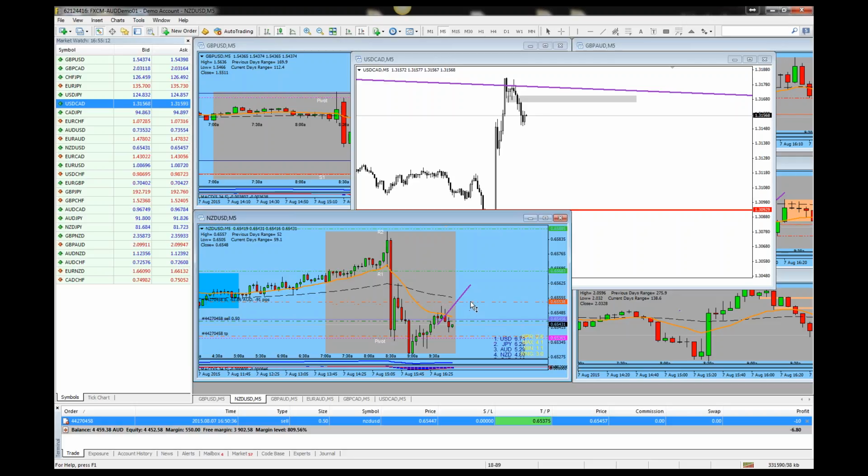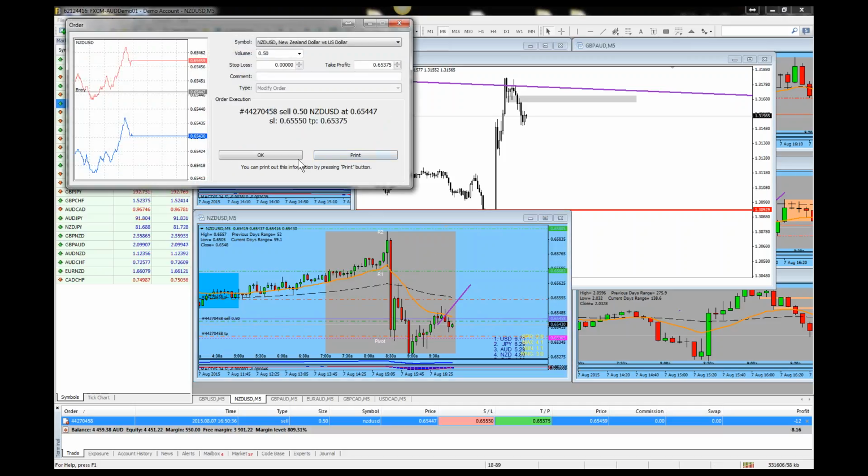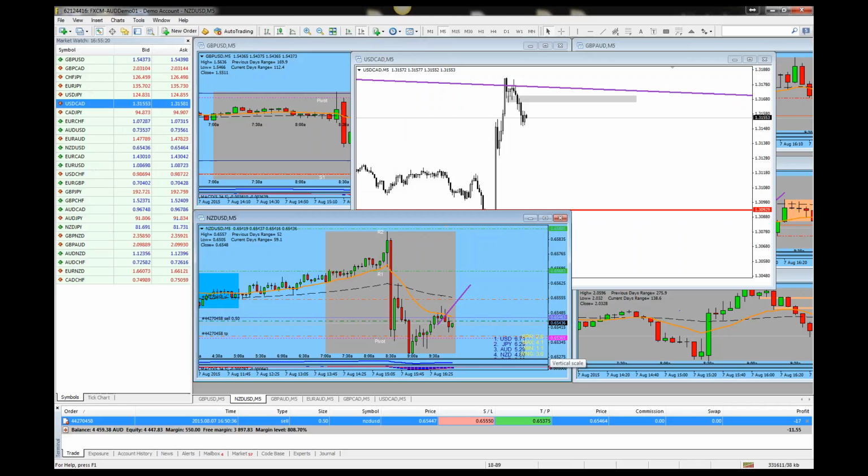I'll make it a 10 pip stop. So we're starting to get what looks like a pullback, but a few minutes before news, I don't expect this to go that far up.